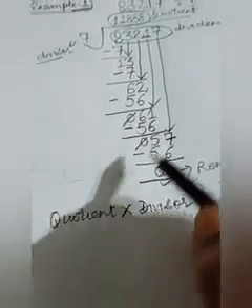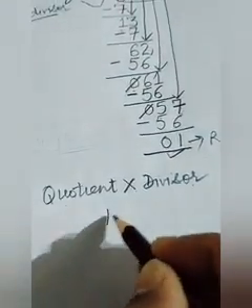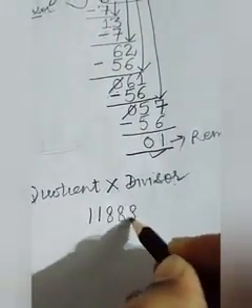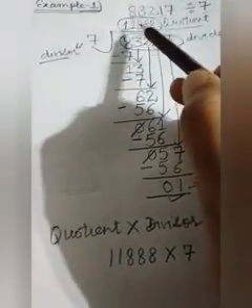Now what is the quotient? 11,888. 11,888 multiplied by 7. Firstly we will multiply these both.